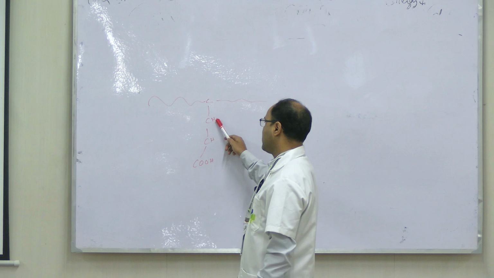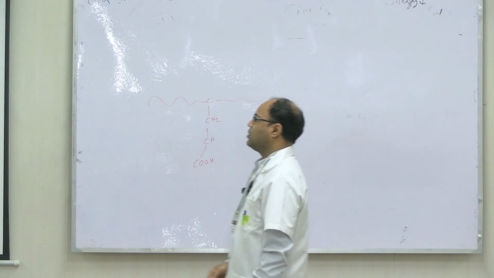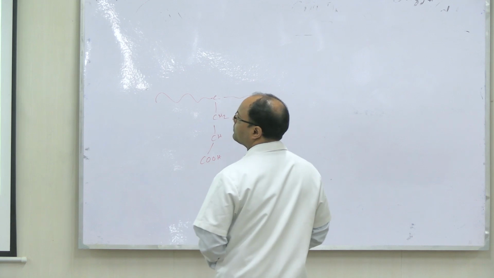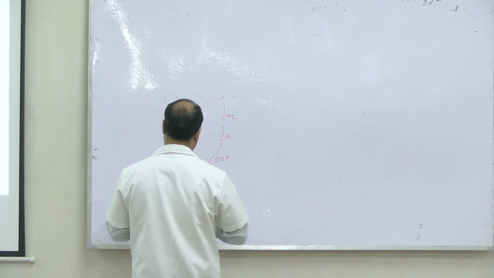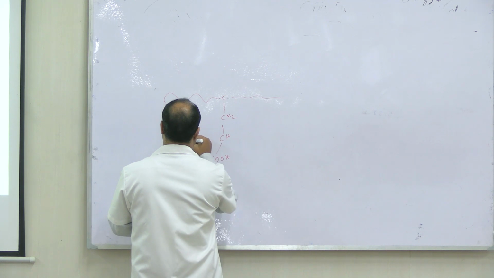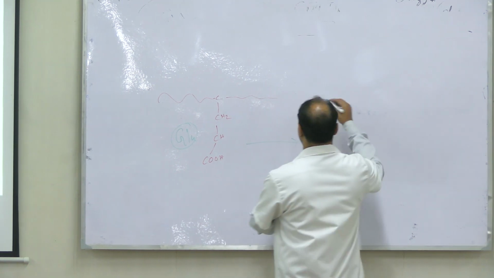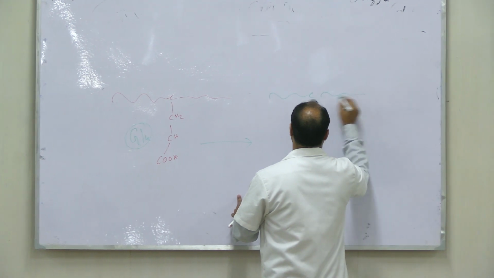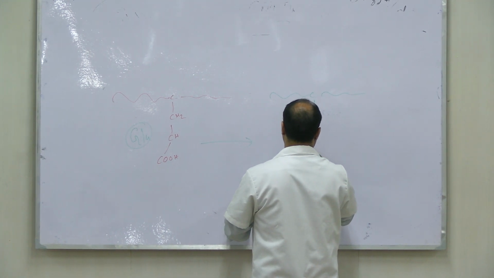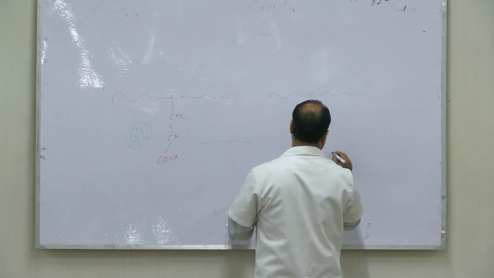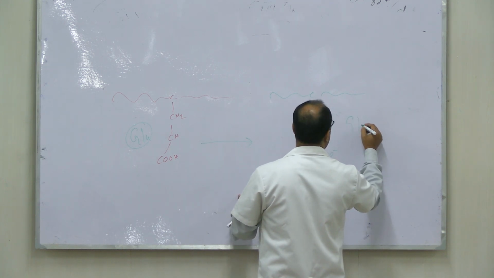This is glutamic acid, glutamate. So you have to activate it by gamma carboxylation: alpha, beta, gamma carbon, COO minus, COO minus, CH2, and form glutamic acid.